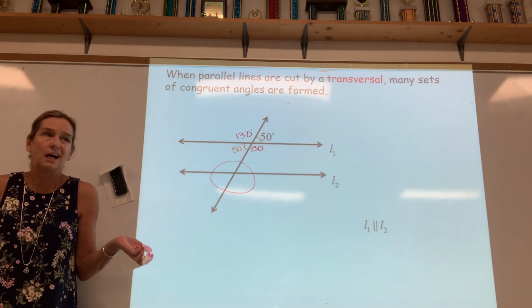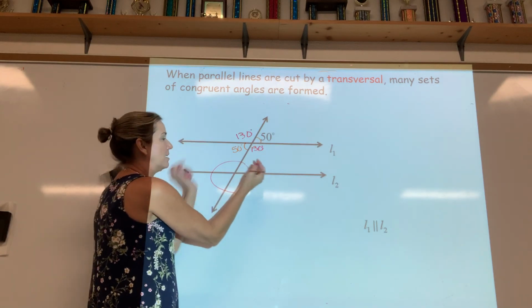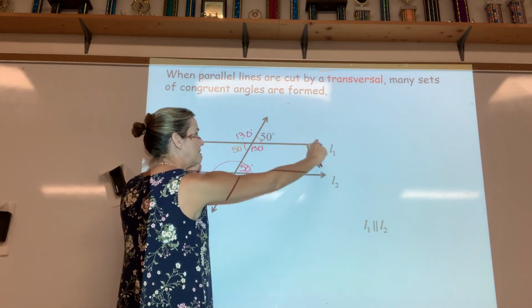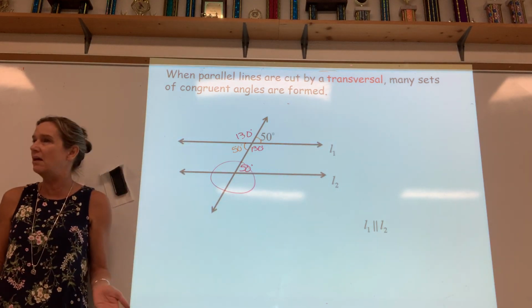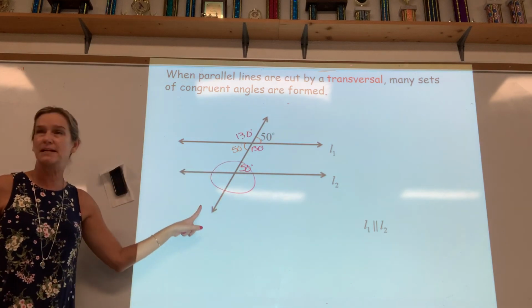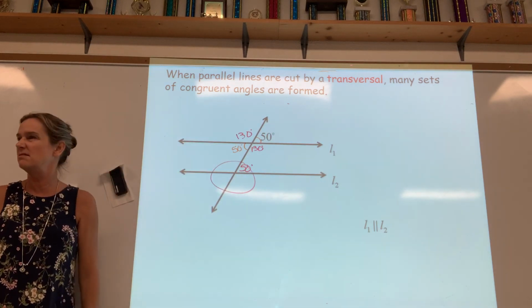Right? Duh. So this angle up here, that's 50, and this angle here, they're both going to be 50 because they're tilted the same, they're slanted the same, they're parallel, and they're both using the same transversal. Does that just make common sense?